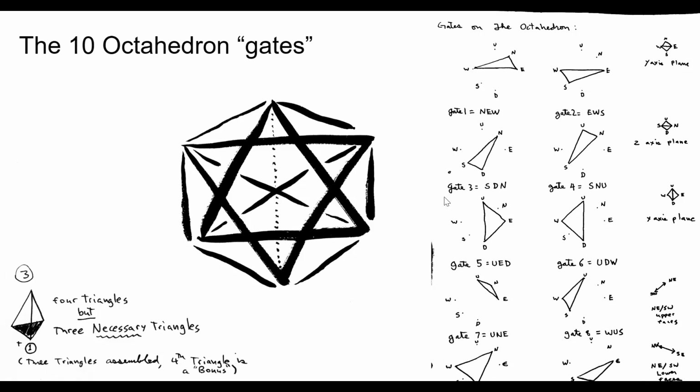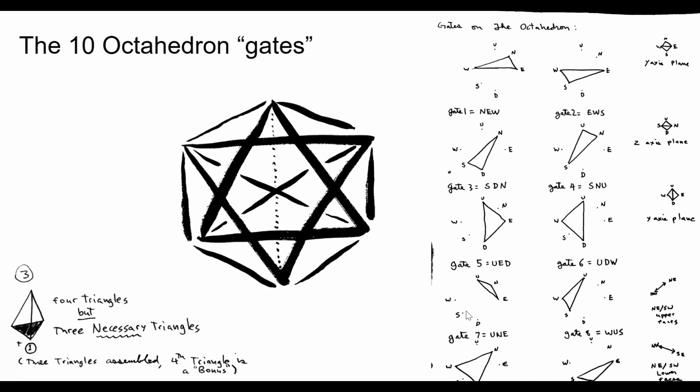And I just want to look at what the gates are here. You can see in the diagram, the way I do it is just up and down, north, south, east, and west. So gate 1 and gate 2 form the horizontal plane. Gate 3 and gate 4 form the vertical north-south plane, and 5 and 6 form the vertical east-west plane.